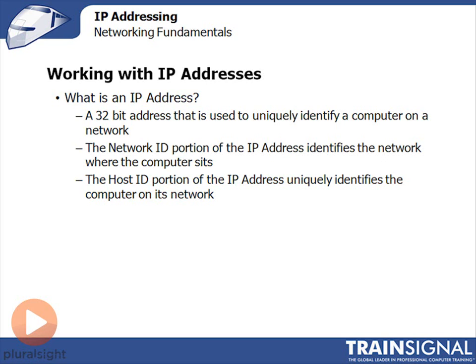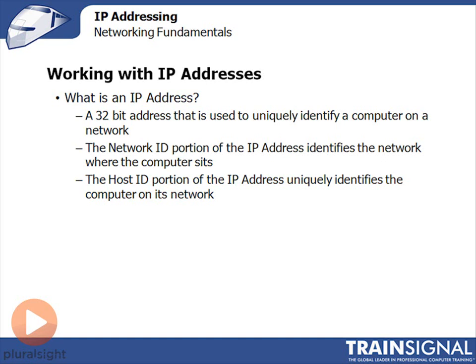When we deal with binary numbers, which is ones and zeros, they are referred to as bits when we talk about computing. And so an IP address, although we typically see it as four numbers separated by dots, is actually 32 ones and zeros. But again, we'll get into that a little later in this lesson.